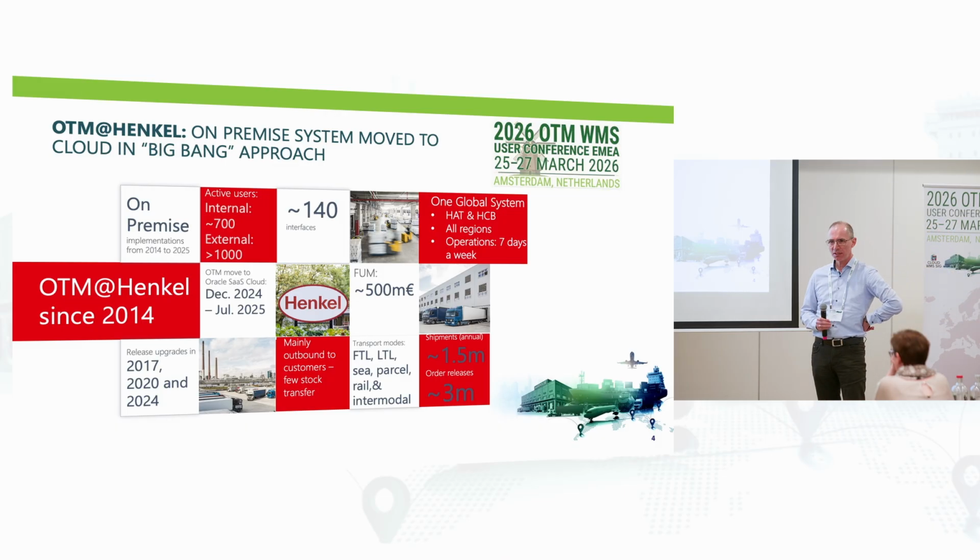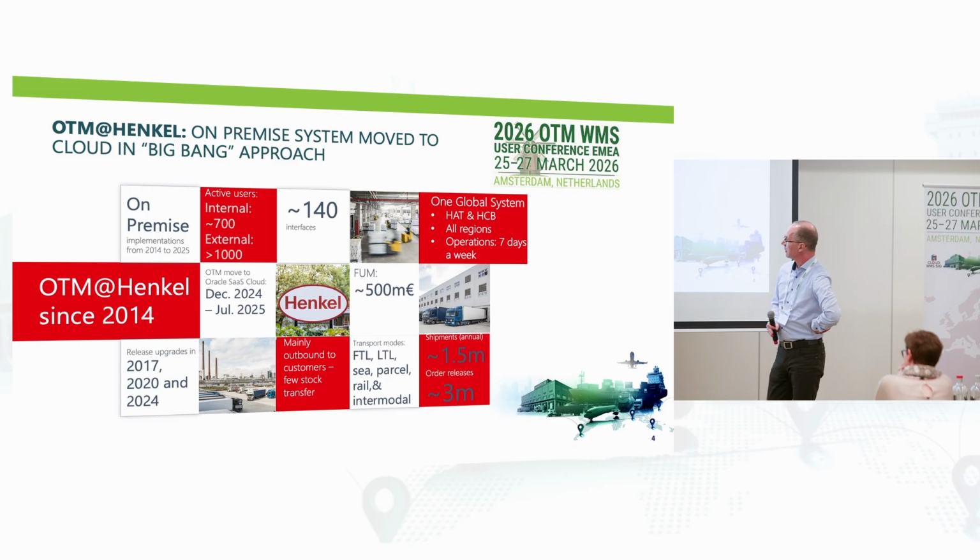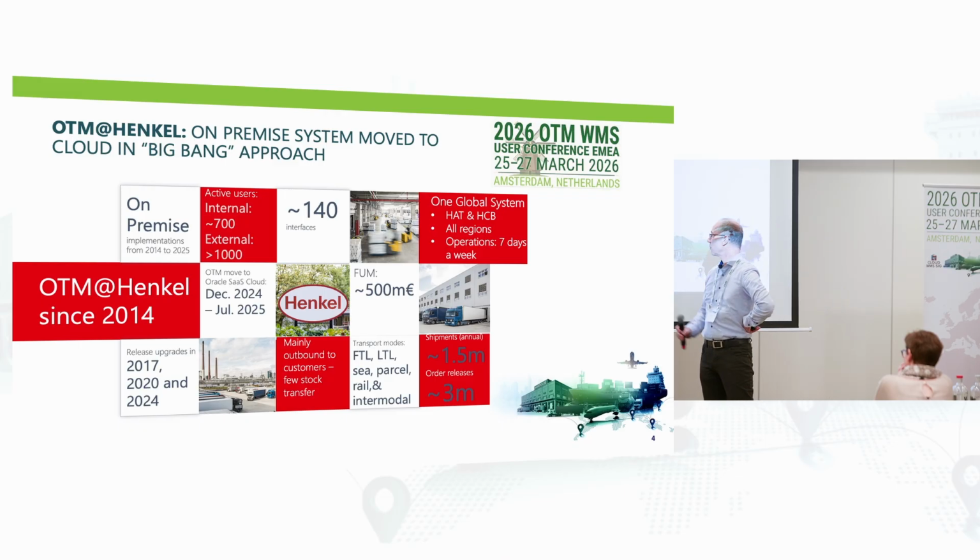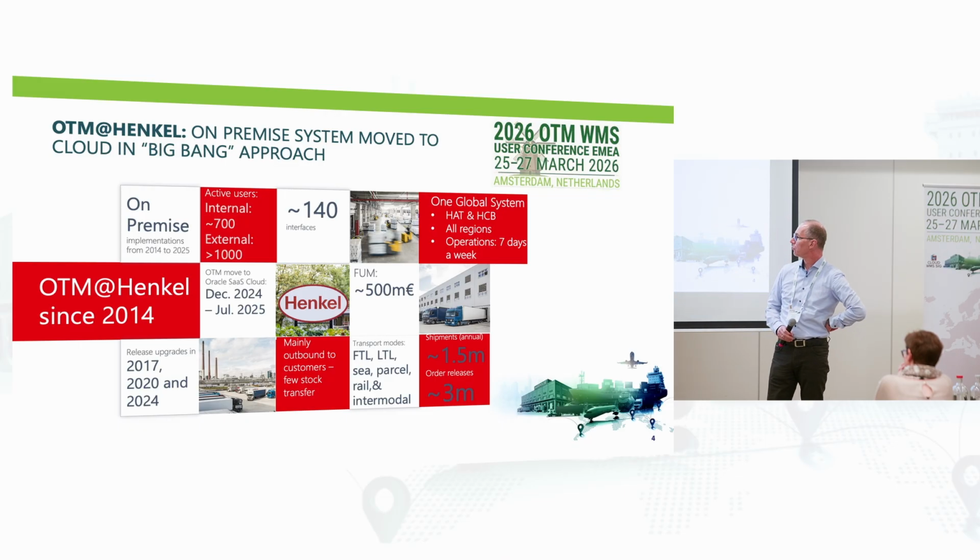A few facts about our system. We have one global instance. Both BUs are on that instance, and it's covering all the regions. So this means one system, operating 24/7. That is for sure very important for us, and a big challenge to always keep it up and running. Then very few facts here: 1.5 million shipments per year, 3 million order releases.